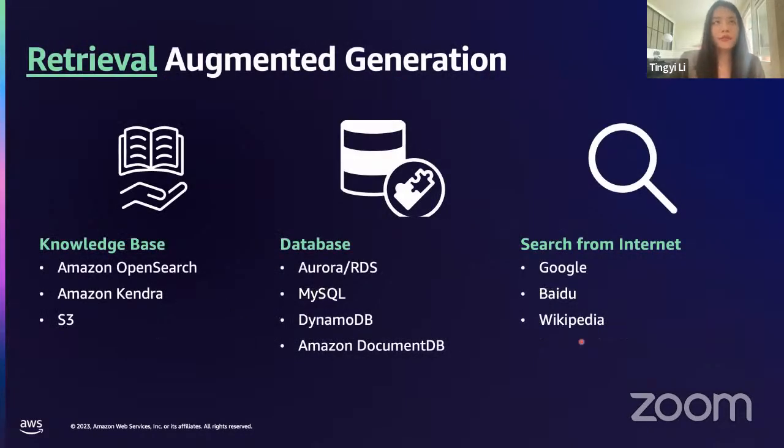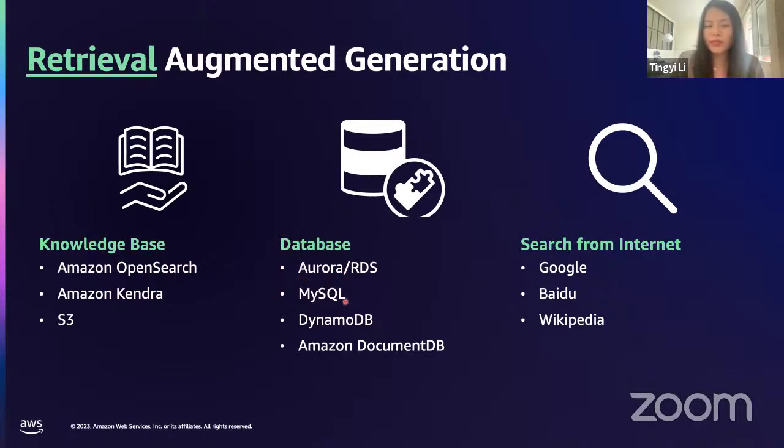So let's directly jump to RAG, retrieval augmented generation. As the name suggests, it's retrieval and generation. Retrieval means getting the information. To get the information, you need to store your additional information in some sort of storage: a knowledge base, like OpenSearch or Kendra, as we covered, or databases.